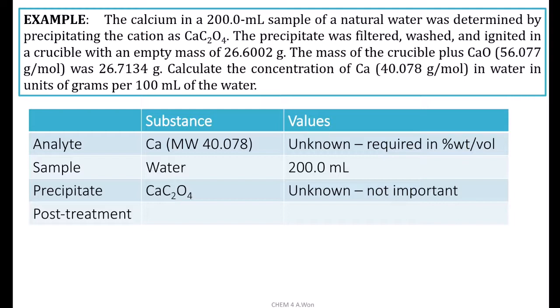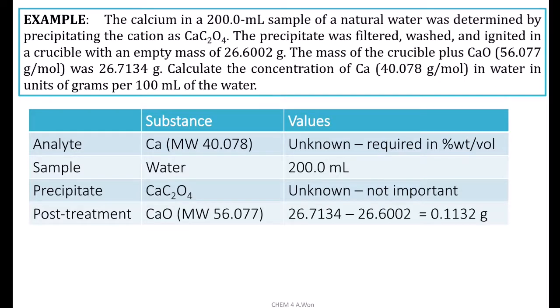So the mass that ends up getting measured is that of calcium oxide. So we put it here in the post-treatment row. The weight is the mass of the calcium oxide plus the crucible minus the mass of the empty crucible, and that gave us 0.1132 grams.